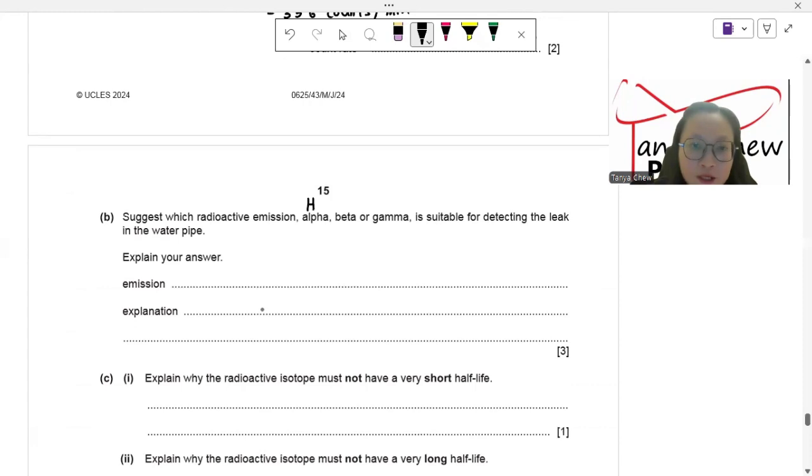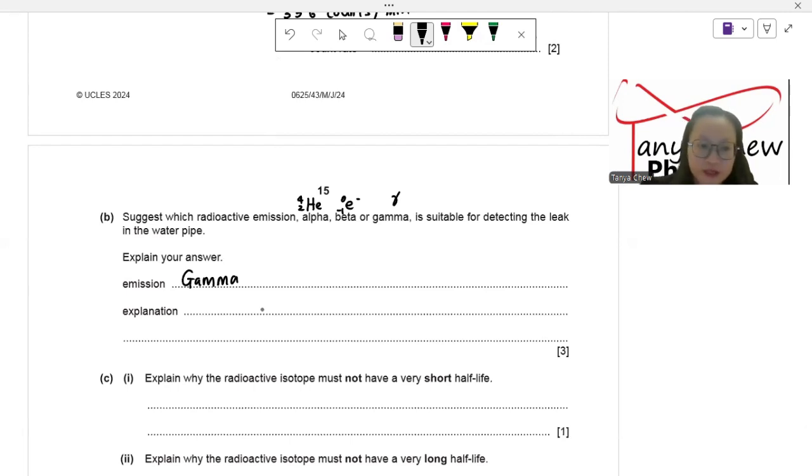Now, I want you to see this. Alpha is called a helium nucleus, 4 2 He. Beta is a fast-moving electron. Gamma is just an electromagnetic ray. So I would say gamma. Why? Because alpha would be stopped by a few sheets of paper, whereas beta could be stopped by a very thin aluminum sheet. What about the leak in the water pipe? It is way thicker.